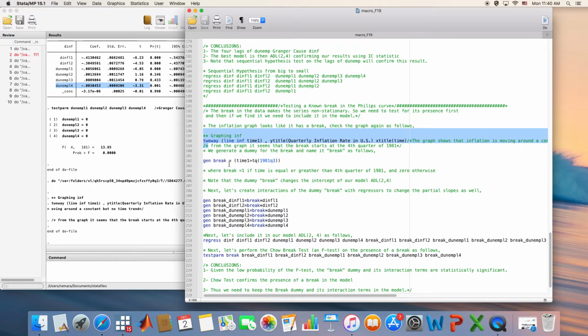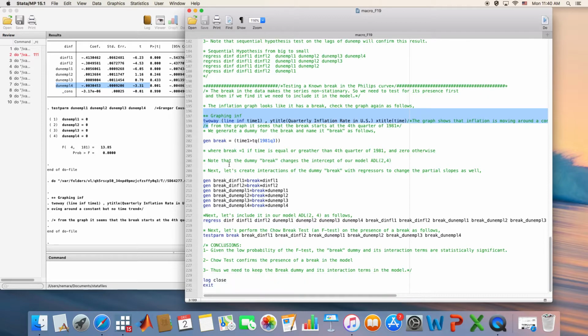So it is very important to determine when the break is. By just looking at the graph, and actually you can open the data set and look at where the biggest jump is, you would be able to determine that this break happens starting in the fourth quarter of 1981.